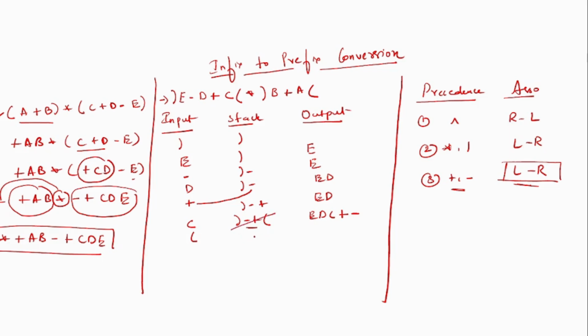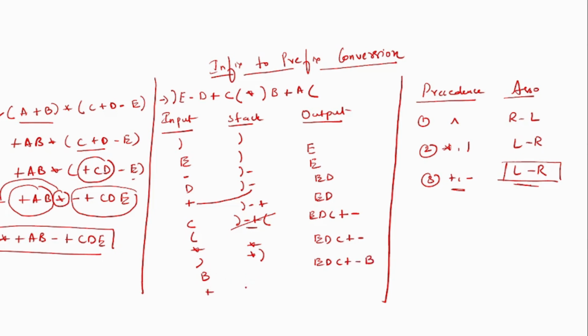Then comes the star operator. Star, I will push it into the stack directly. Then comes the closing parenthesis. I can put the closing parenthesis here. Then I will write it as it is, EDC plus minus. Then comes B. B is not an operator, so I will say EDC plus minus B. Then comes plus.